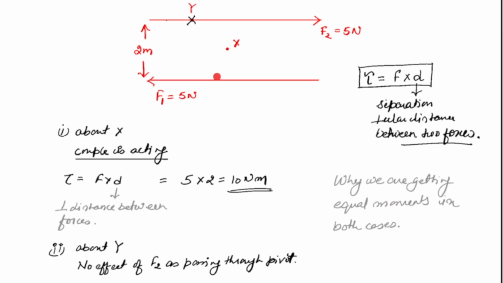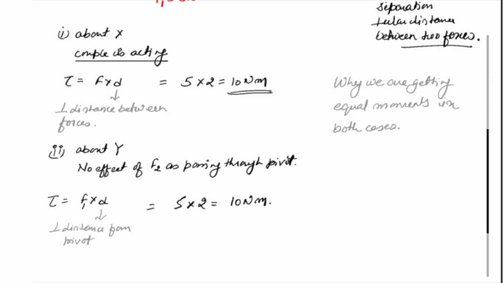But how much? The force multiplied by the perpendicular distance. So this is a single force which is acting. It is not a couple in this case, as it was in the case of X. In the case of Y, we will calculate force multiplied by the perpendicular distance from the pivot, which is 2. But if you see, in both cases, we are getting the same torque, or the same magnitude of moment of force.